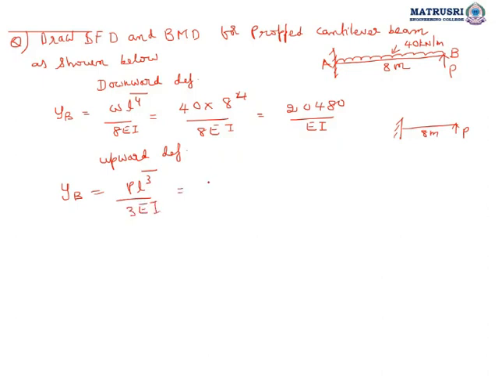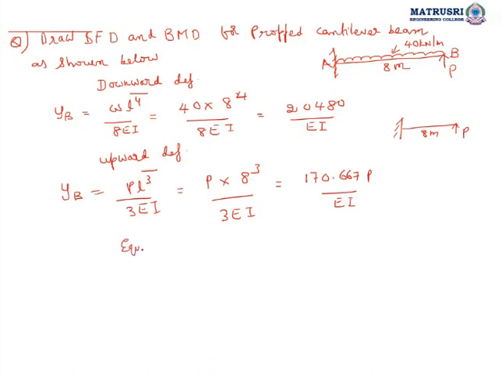P is how much? We want to calculate. L is 8, so 8 cube by 3EI. If you do the calculation, we will get 170.667 P by EI.